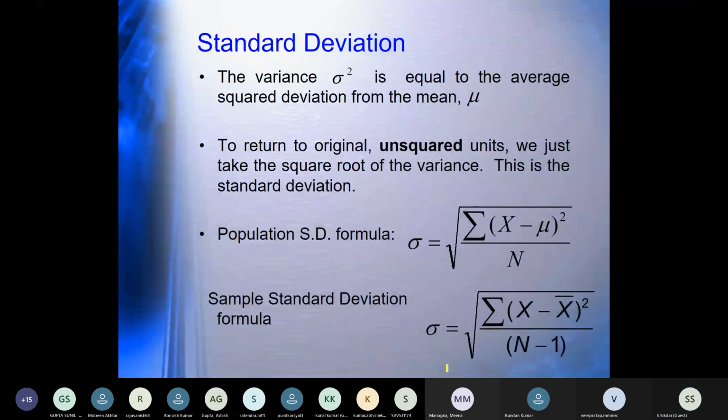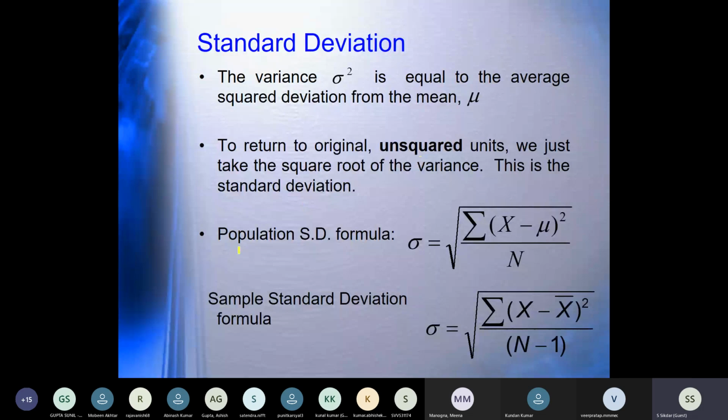Now we also look into the general formula by which they are calculated. One is variance, that is sigma squared, which is equal to the average squared deviation from the mean value, and sigma is called the standard deviation.